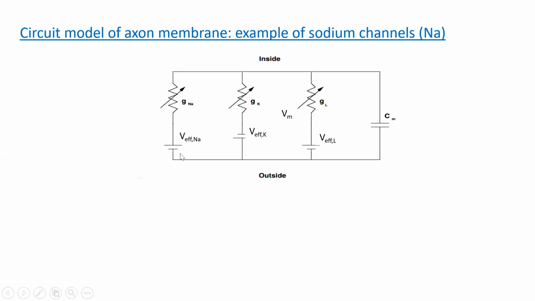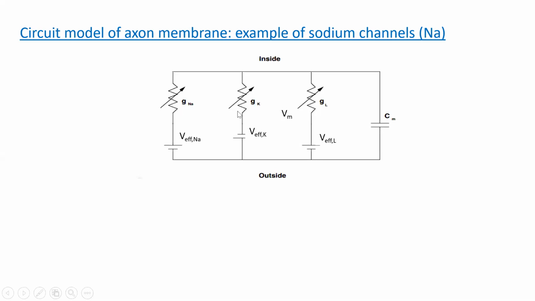And then the channels, the sodium channel and the potassium channel, and this leak channel, which includes the effect of other ions, are modeled as wires with a battery with an effective potential, which would drive the ion across the cell, and a resistance, or what we use as a conductivity, G. And conductivity is just the reciprocal of the resistance.